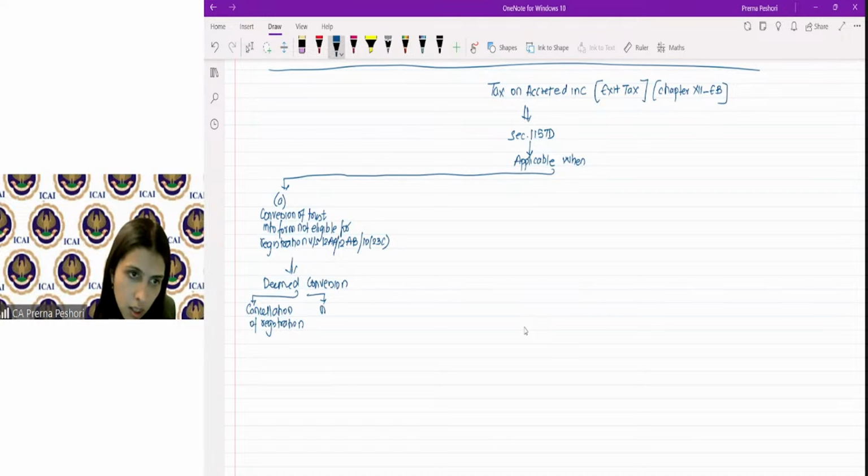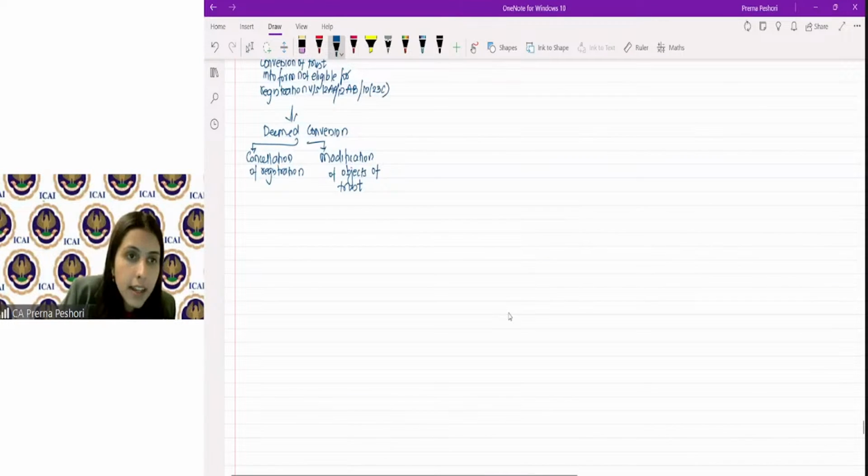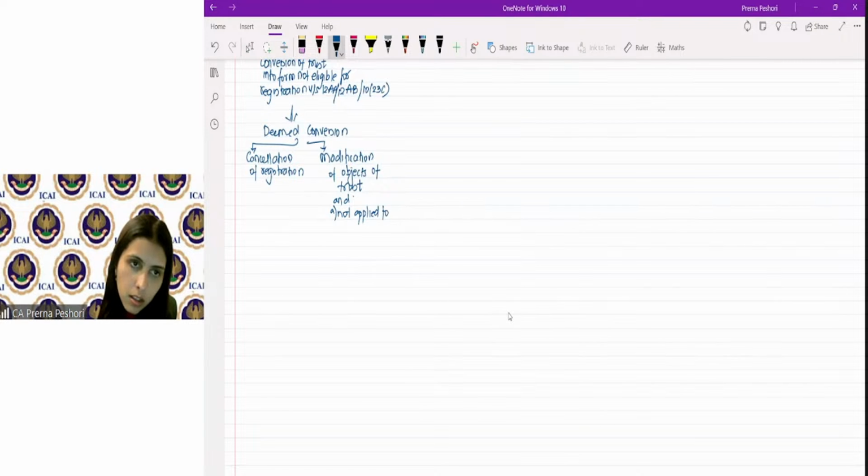So, it has undertaken the modification of the objects of the trust and not applied for fresh registration, or the registration is rejected.